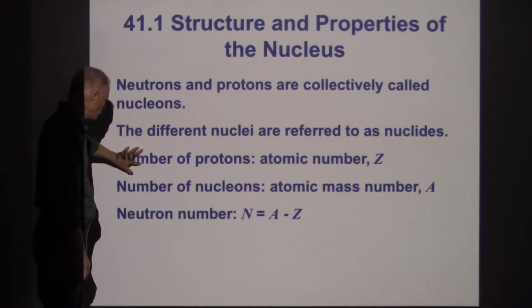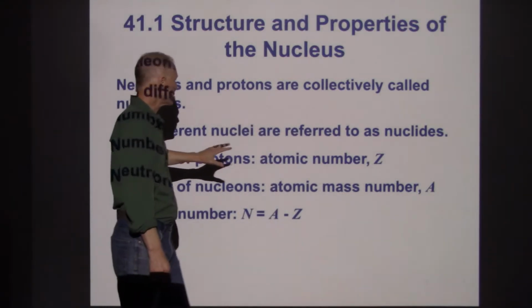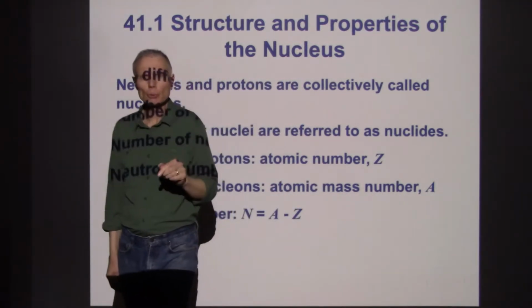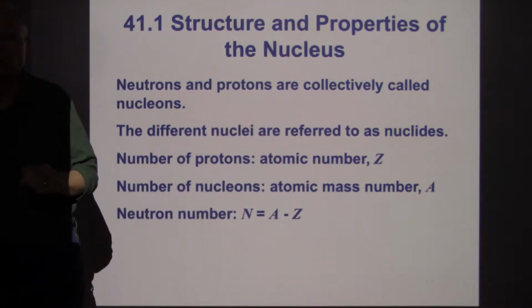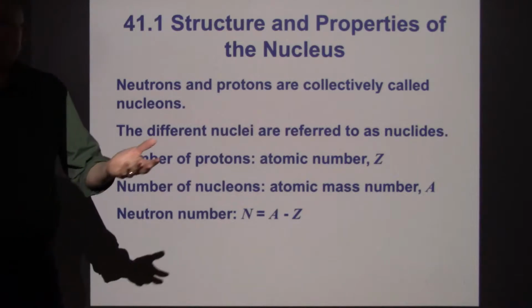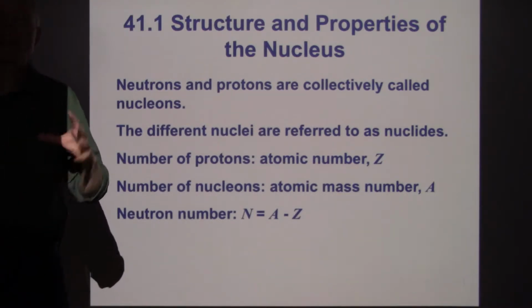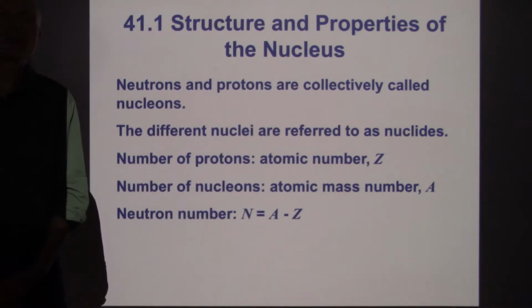Now, the number of protons in the nucleus determines the atomic number. So it's the number of protons in the nucleus that determine which element we're looking at. So why is it the number of protons? Well, the number of protons in the nucleus will determine how many electrons get attached to that atom for a neutral atom.